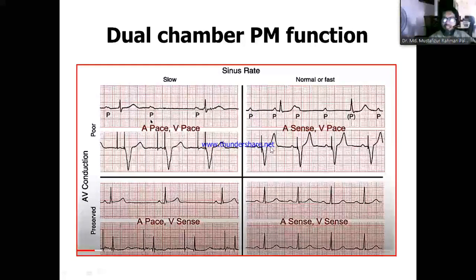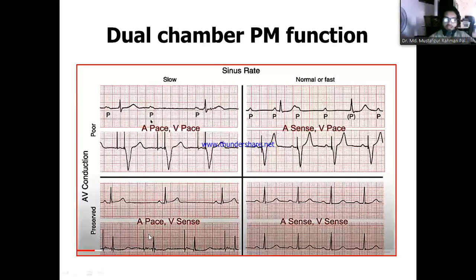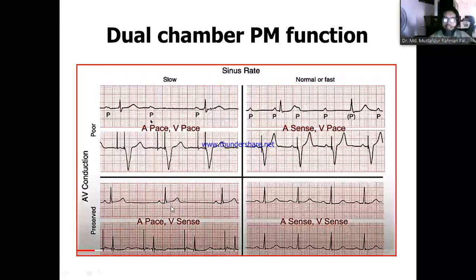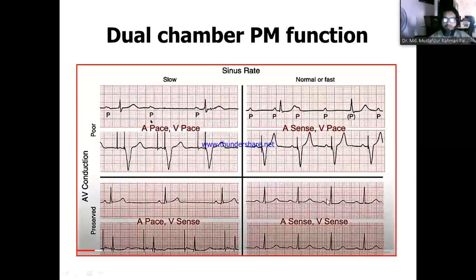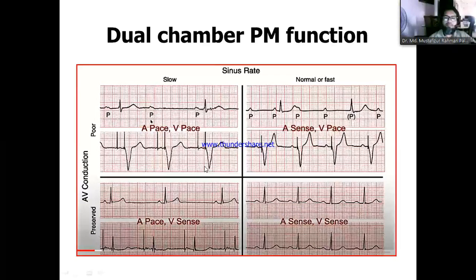When the rate is normal or fast, A sense and V pace occurs. When the AV conduction is preserved and the rate slow, A pace and V sense. And with normal function and preserved AV conduction, A sense and V sense, no pacing spike is there.